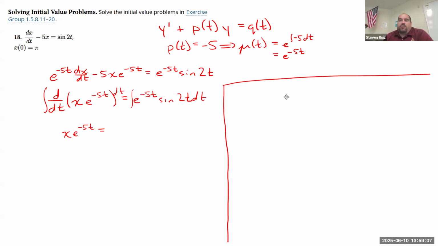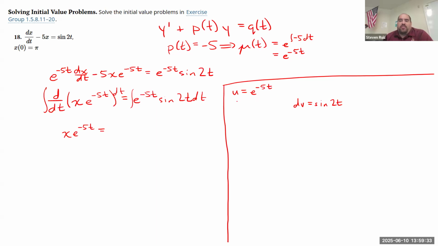So let's make ourselves some room to set that up. My two parts are going to be the exponential e to the -5t and the trig function sine of 2t. I don't think it matters which one you assign to which part. Neither one is really going to get any simpler.